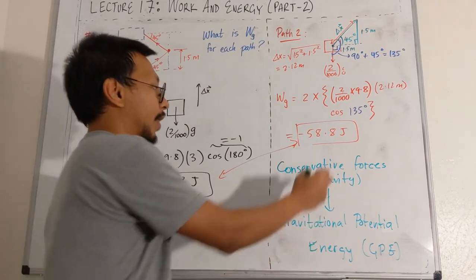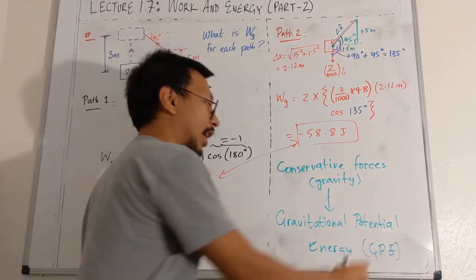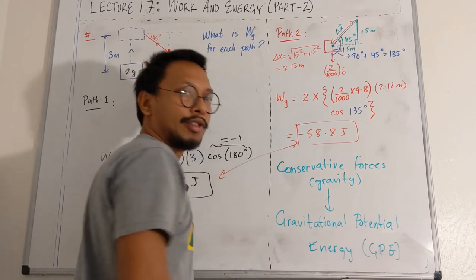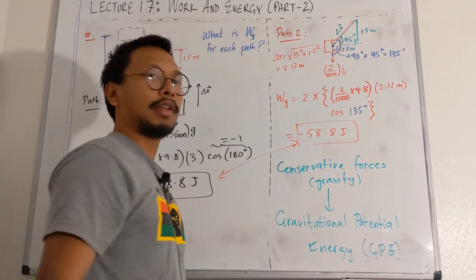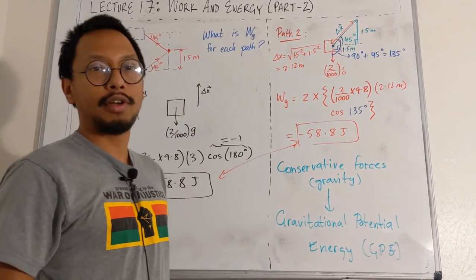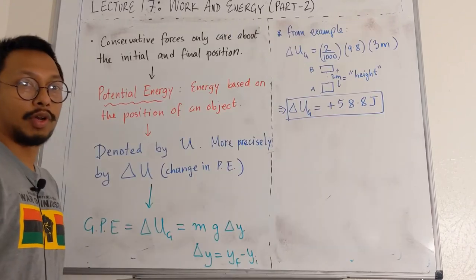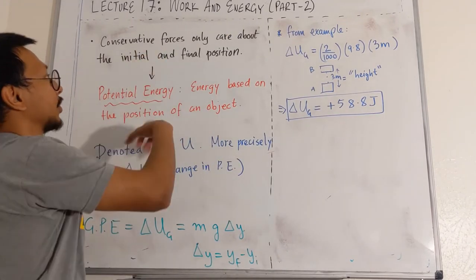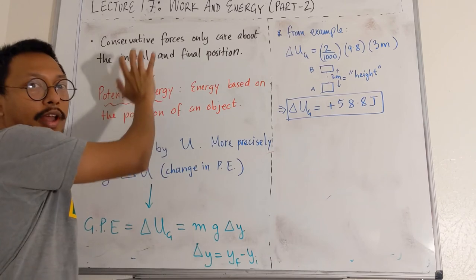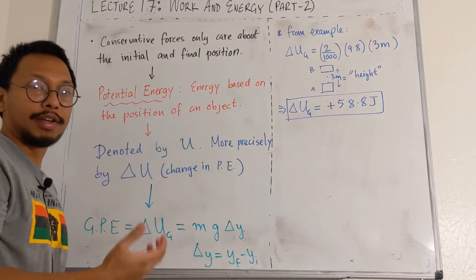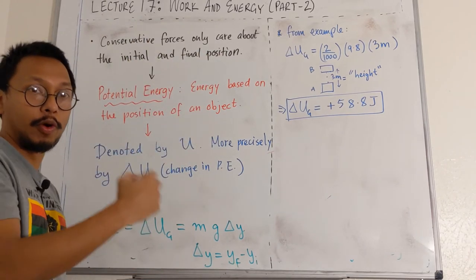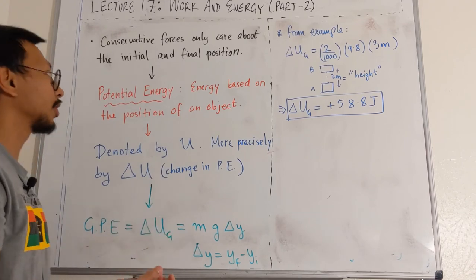Any kind of conservative force will have a corresponding potential energy. For gravity, that potential energy is gravitational potential energy. So let's reiterate: conservative forces only care about the initial and final position of the object. It doesn't care what path you choose to go from the initial position to the final position.